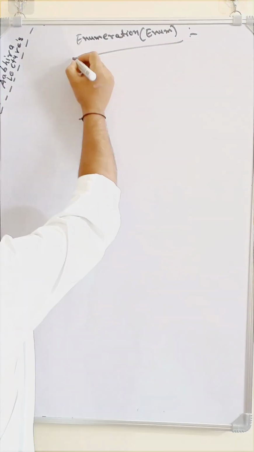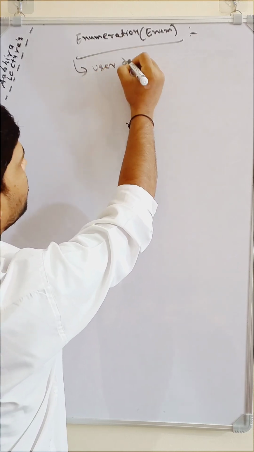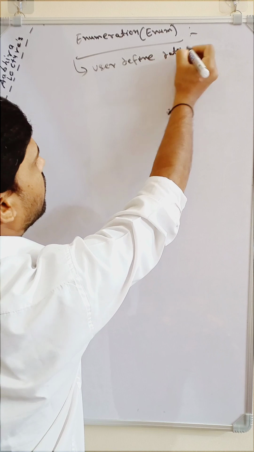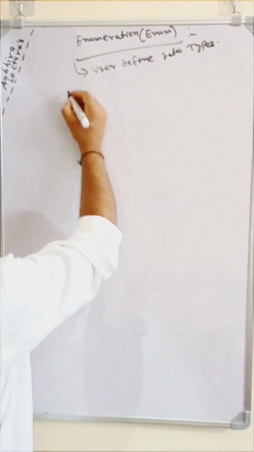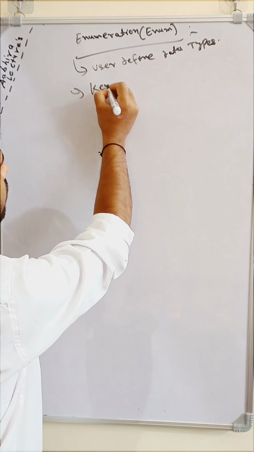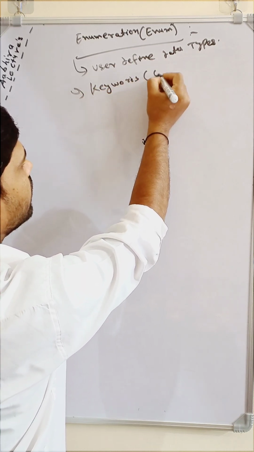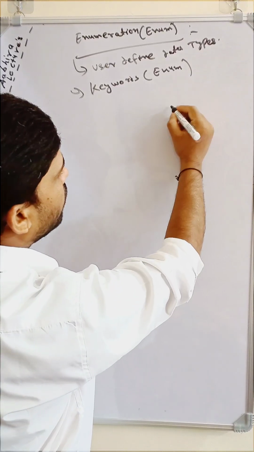So enum is a user defined data type, and it is also one type of keyword. We have to use it like how we declare a structure.